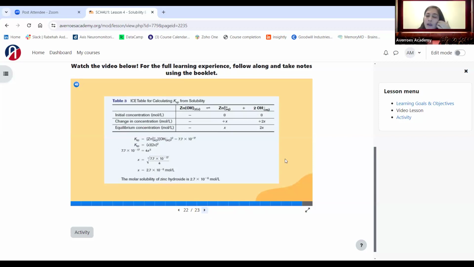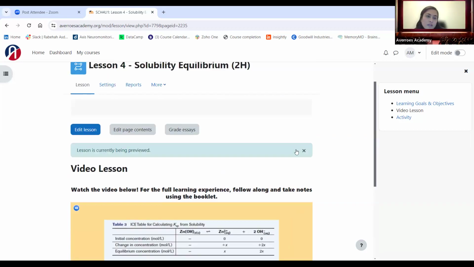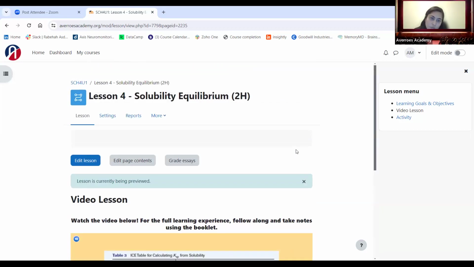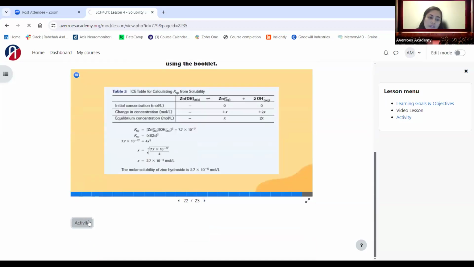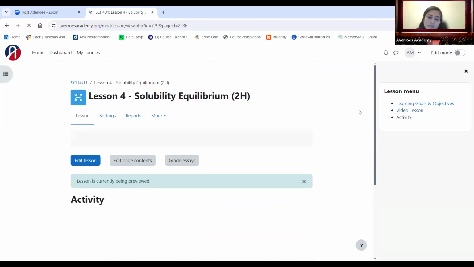Okay, Hella. So we are done with lesson 4 for the solubility equilibrium, and there's an activity associated with it.